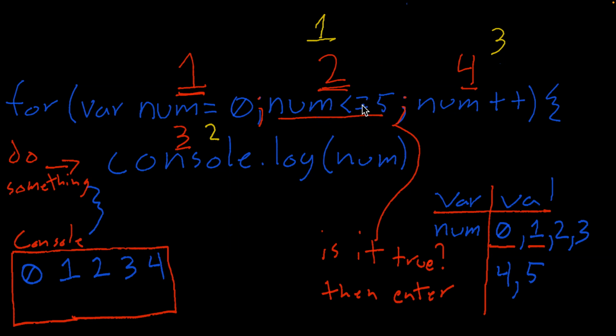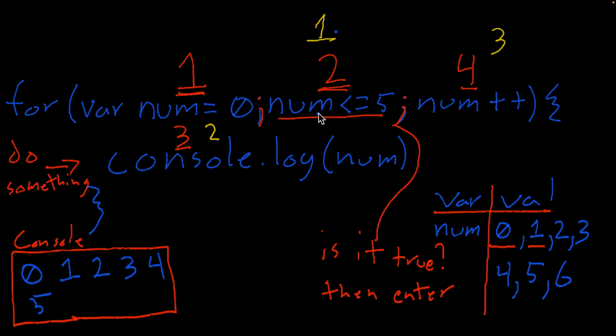So now we've reached the equal sign check. So we're getting close. So then we enter our do something section and we console log num, which is 5. And then we go to step 3 again. We increase num again. So now num is 6. So then we go back to our yellow step 1 here.